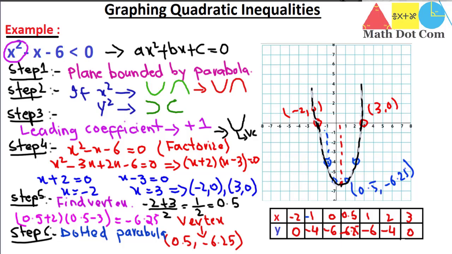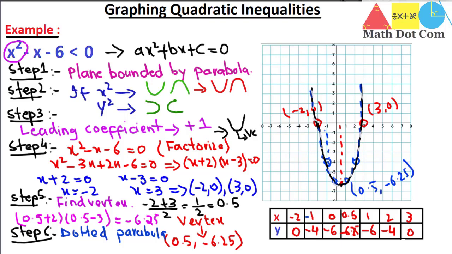It will be dotted. What the dotted parabola is showing is that the points lying on the parabola will not be included in the solution set of the given inequality. Their purpose is only to make the boundary, so that all the values above or below it will be included in the solution set.